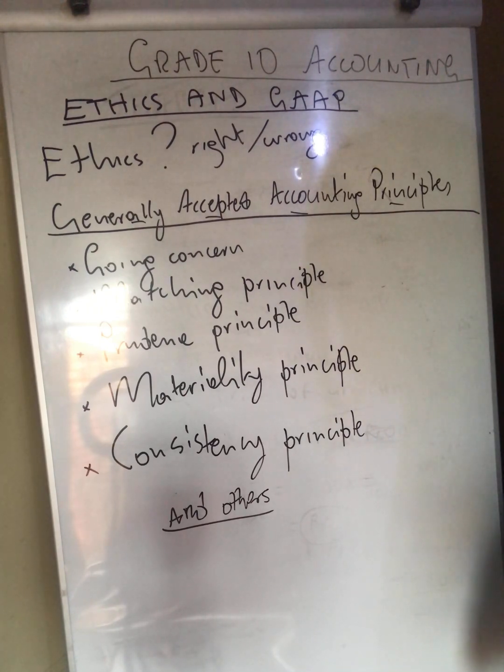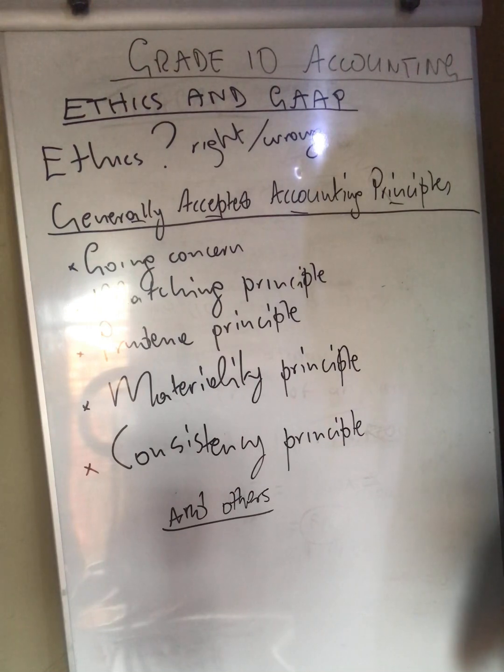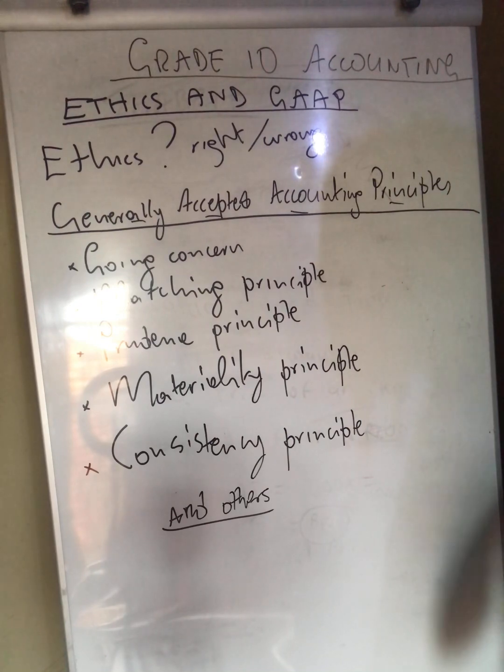Then we have our matching principle. The matching principle now tells us that our expenses and income must be reported in the same year that they relate to. We have a financial year that starts in January 2025 until December 2025.